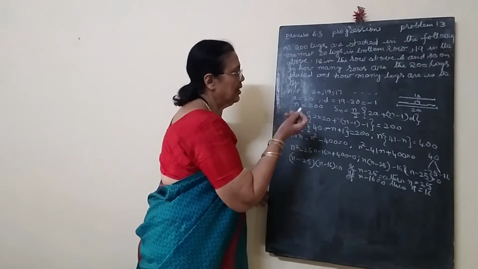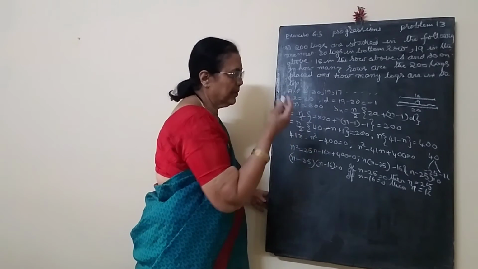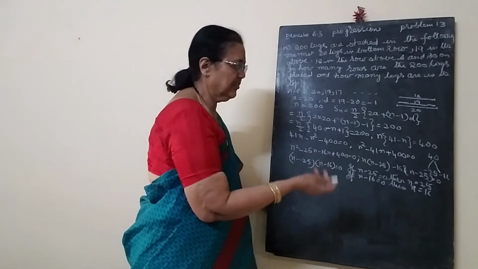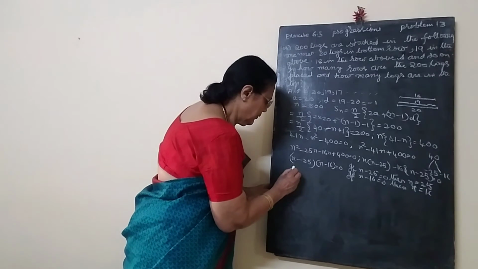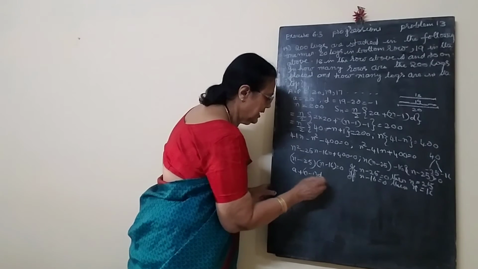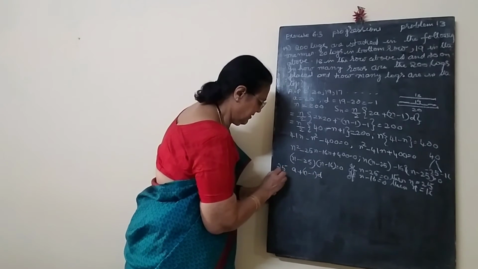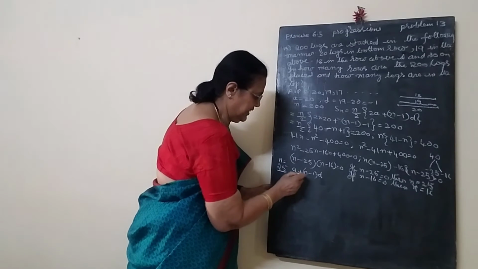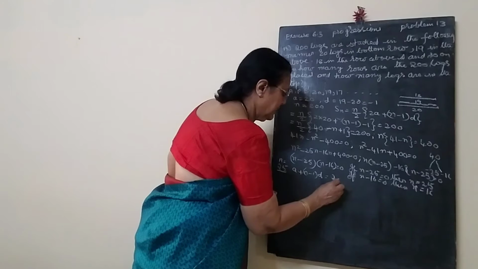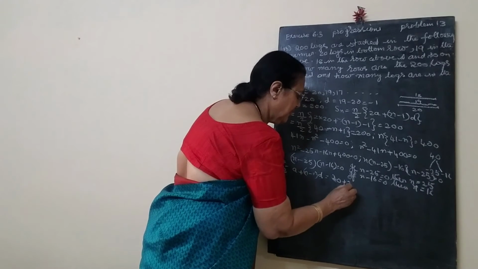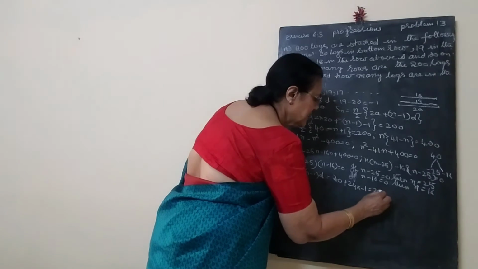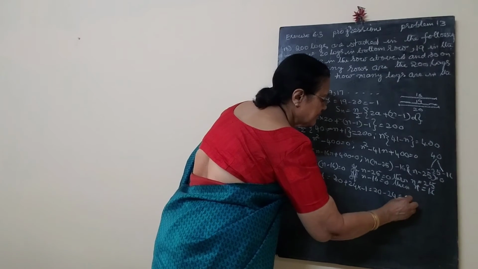But you have to find out the top row number, no? You can find out which is correct, 25 or 16. So what is a plus n minus 1 into d? We will take n equal to 25. That is a is 20 plus 24 into minus 1, that is 20 minus 24, which is minus 4.